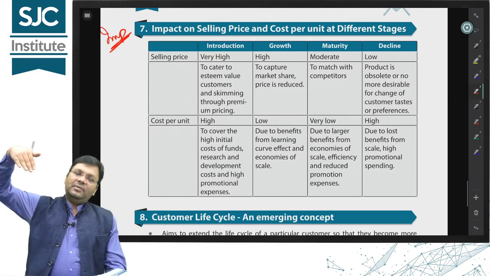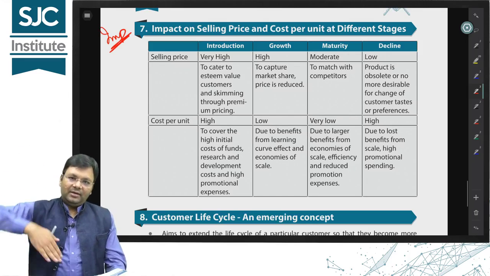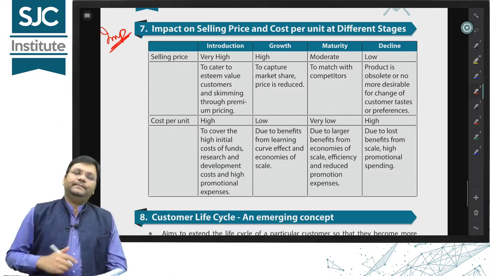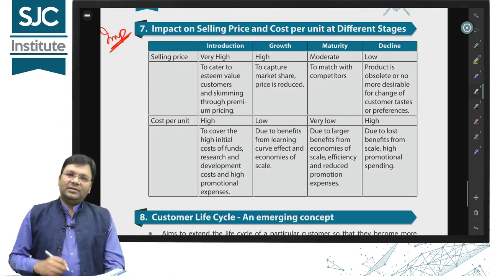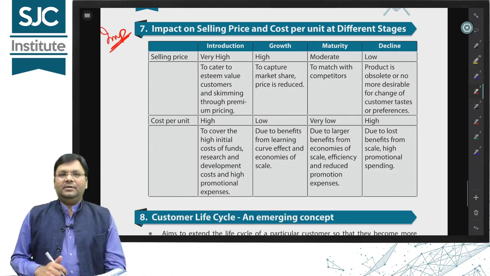It goes from high to low and then high. Very high in introduction phase, then high in your growth phase, very low in your maturity phase, and then again high in decline phase.